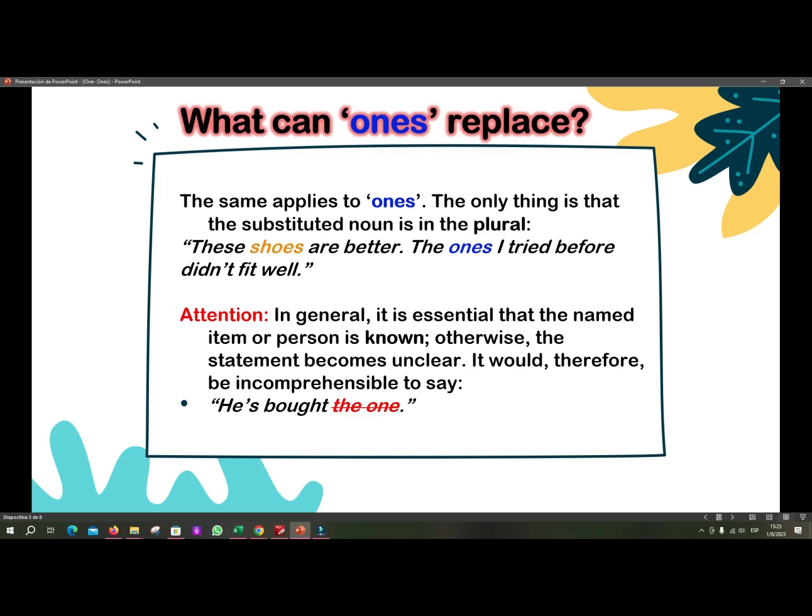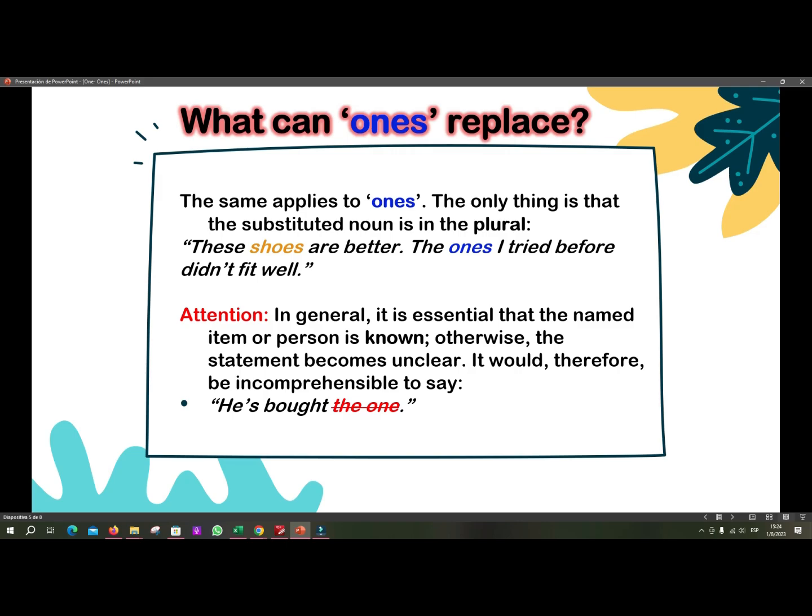Okay? So, also there you have that attention. In general, it is essential that the named item or person is known. Otherwise, the statement becomes unclear. It will therefore be incomprehensible to say he's bought the one, right?